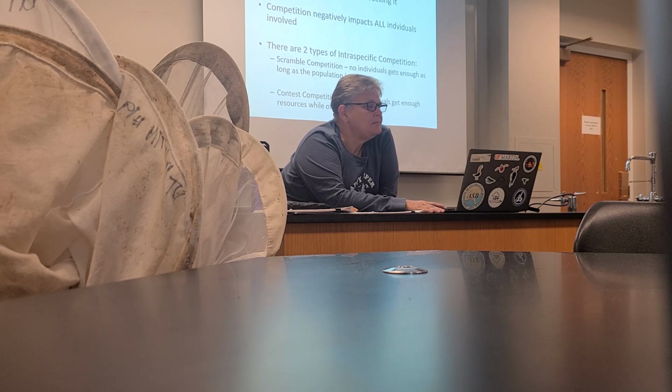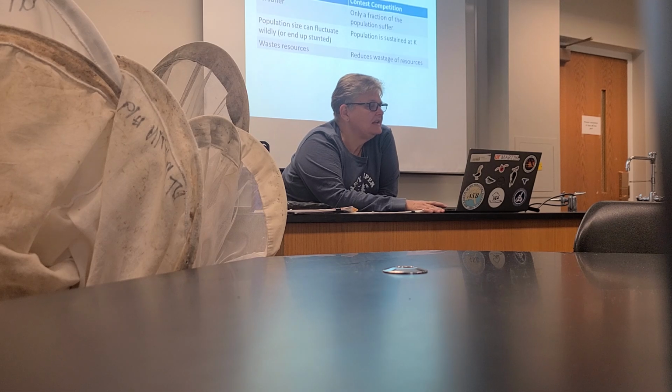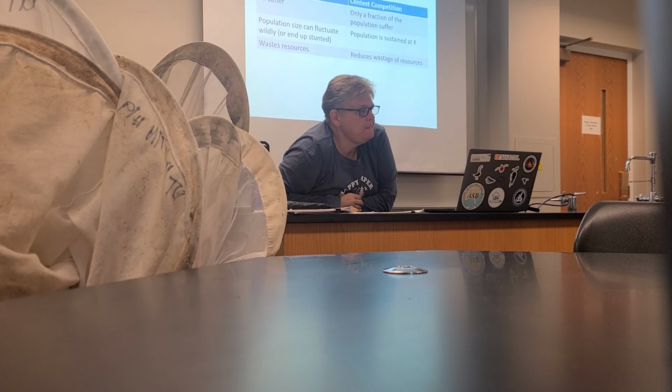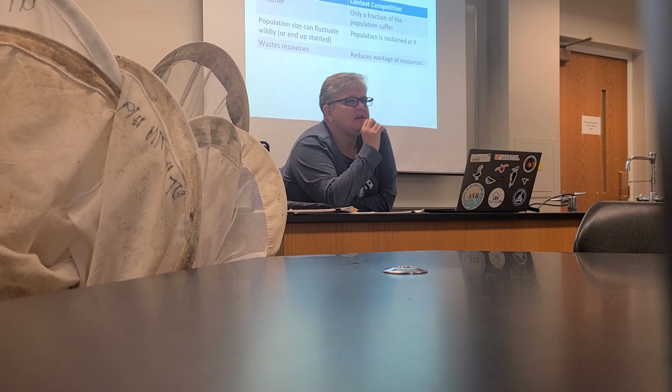On the next slide, to help us think about this, I've made us a little graph, or chart, I guess, comparing scramble and contest competition. In scramble competition, everybody suffers. And I should be clear, everybody suffers if resources are in short supply. If we're below the carrying capacity and there's plenty of resources, this is fine.